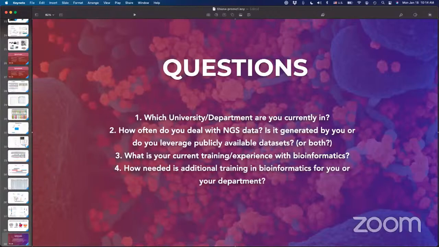So we hope that these free sessions like today will be of interest and beneficial to you to not only learn about bioinformatics, but also gain some practical exposure to bioinformatics methods of analysis.